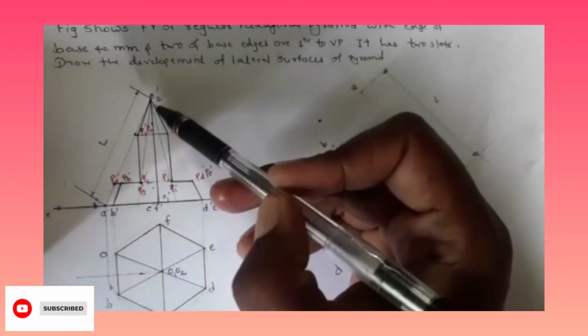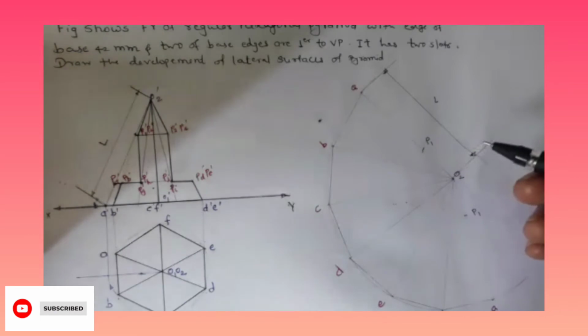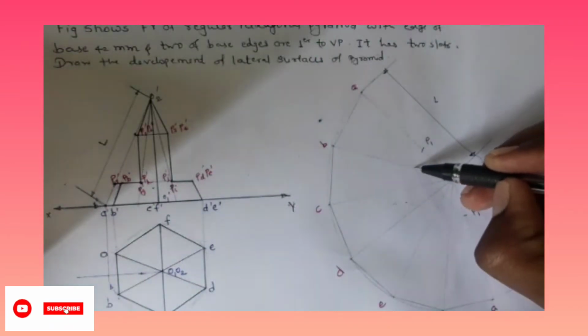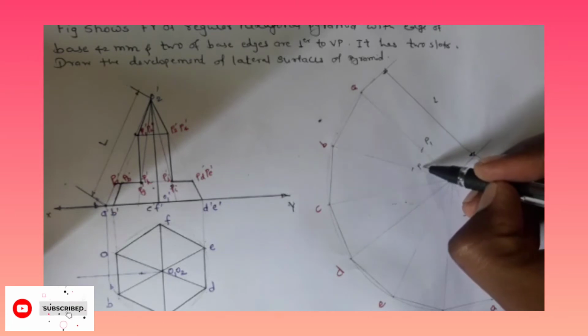You need to project that point also, so that will be on the lateral edge O2 B. So here is that O2 B, you have to take this much distance and mark here, so it will also come here, so it will be P2.